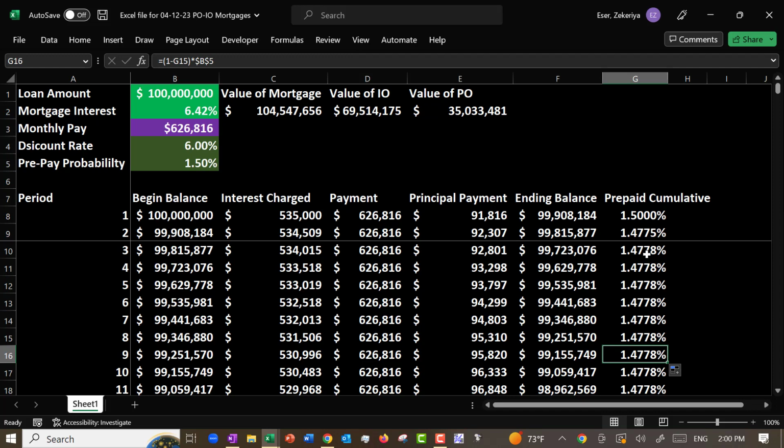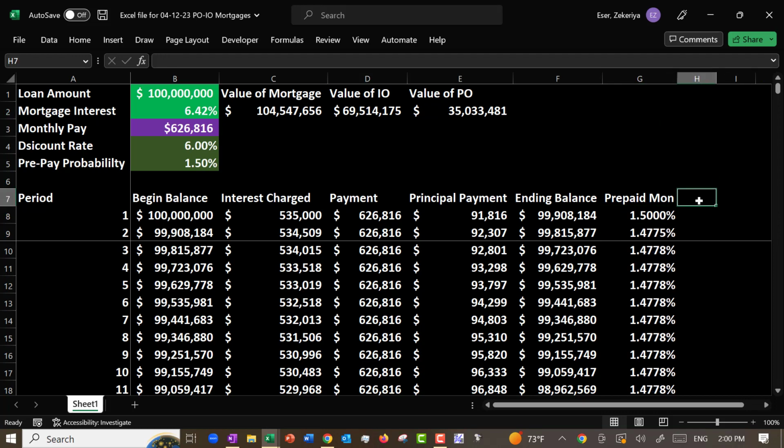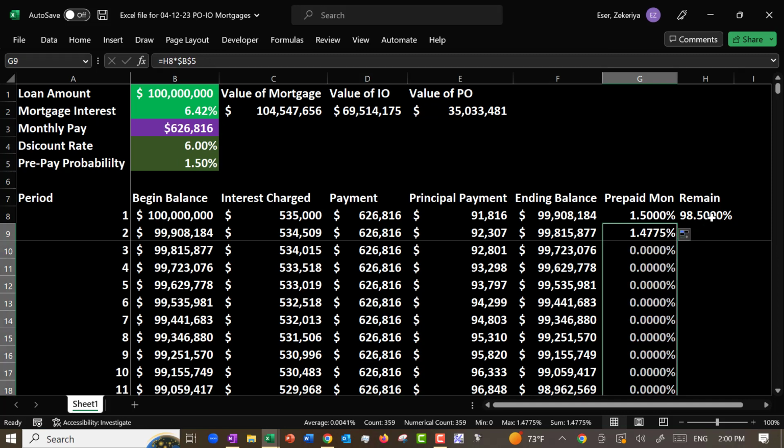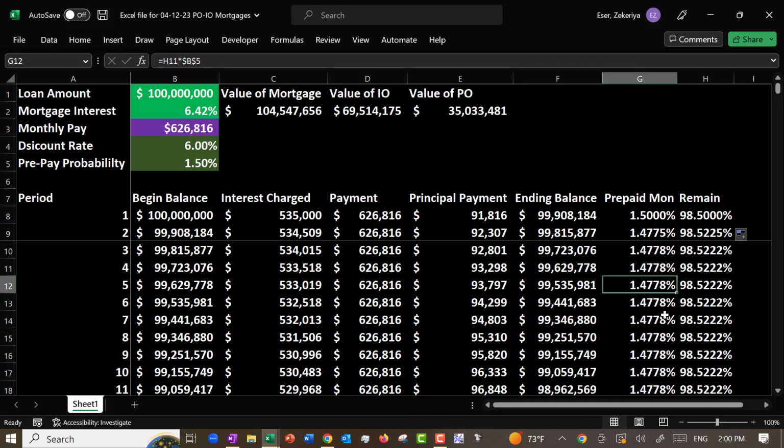Oh, I know why. Monthly. Remaining. Of the remaining that's not prepaid, 1.5% is paid. Remaining is minus that one. Okay.